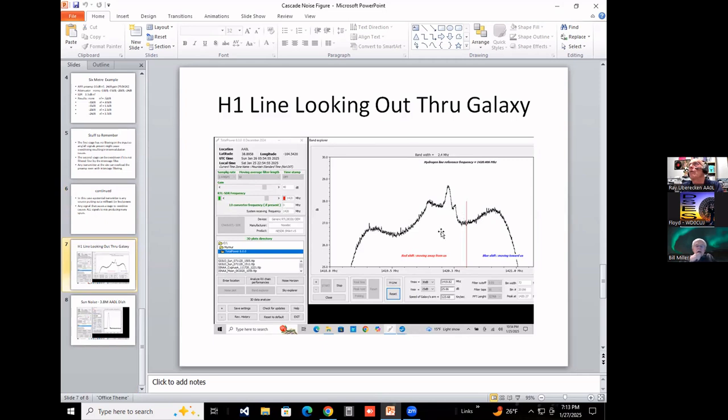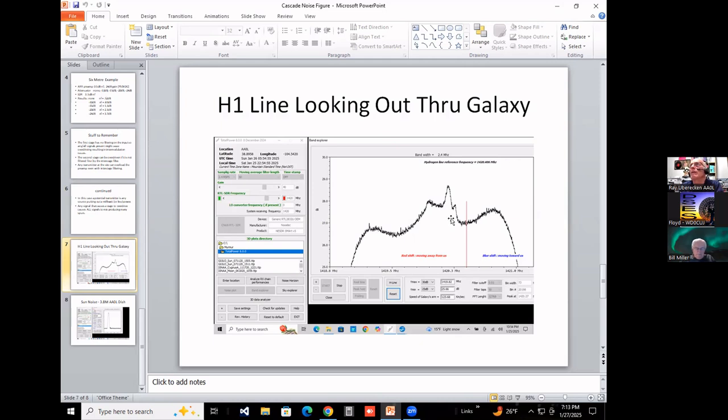You'll notice a bump right here, because this normally should go real smoothly right through here and back up. These down here are from part of the galaxy that's moving away from us. I was looking with my antenna not at the core of the galaxy, but out toward the edges of the galaxy through the Milky Way. And that's the hydrogen that I got. In fact, it actually is higher than the hydrogen I got from some of the other looking in toward the center of the galaxy.